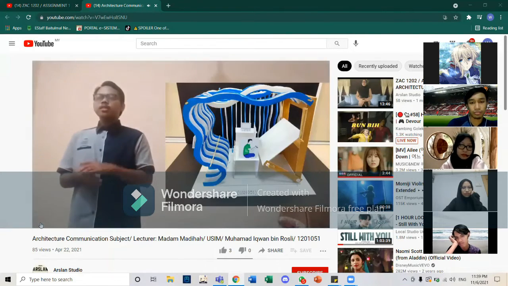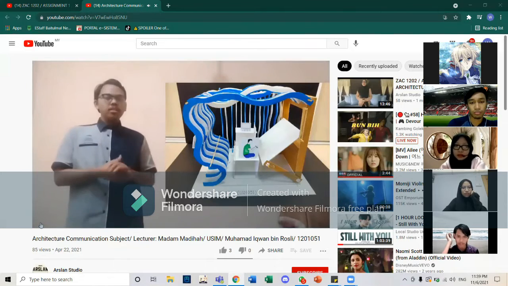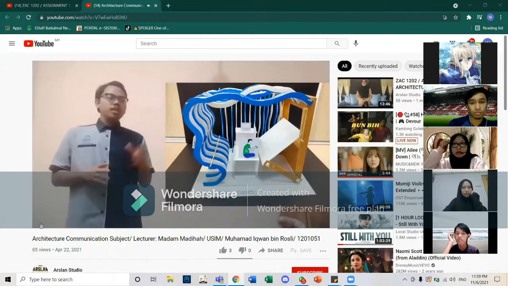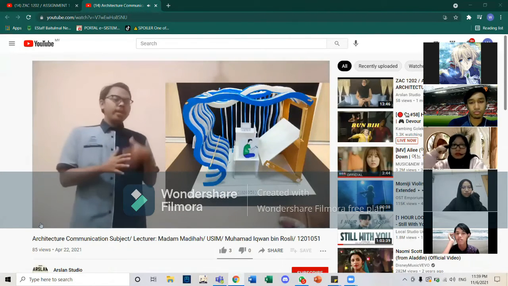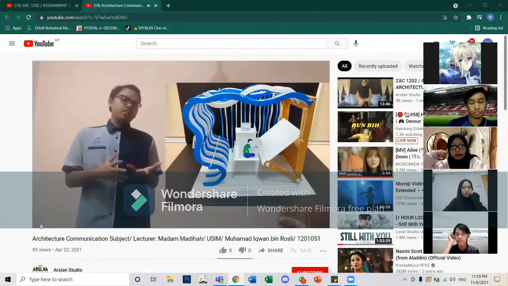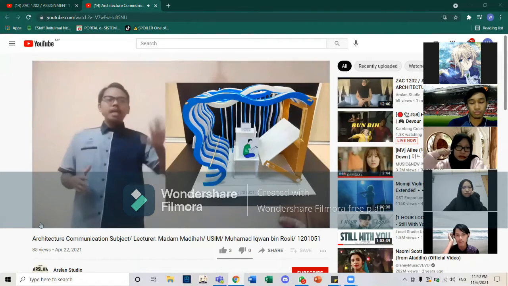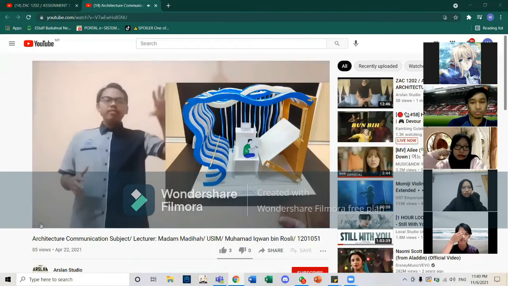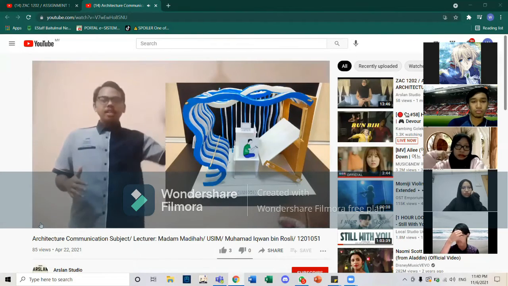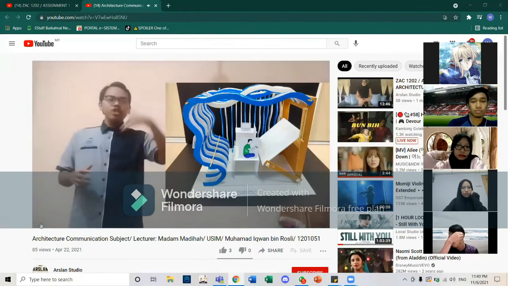So right now, I will explain about my design of the studio pod. As you can see, the form of my design is a wavy shape. The right side and the back side are fully covered, and the upper side is fully covered by wavy shapes.